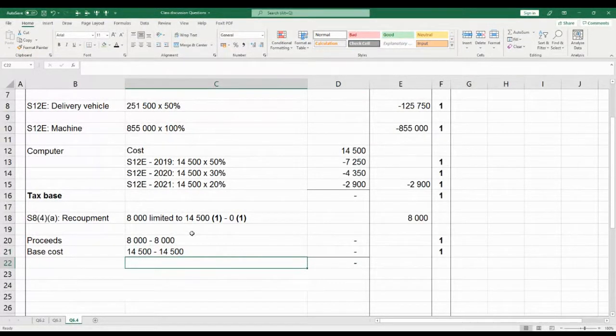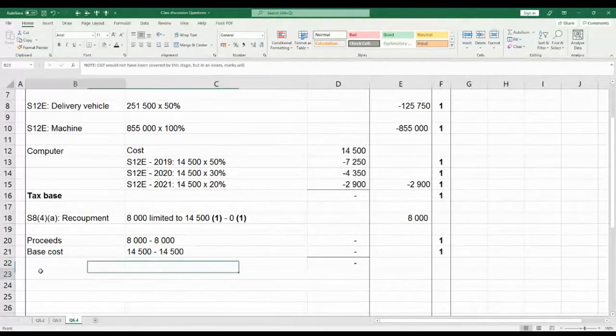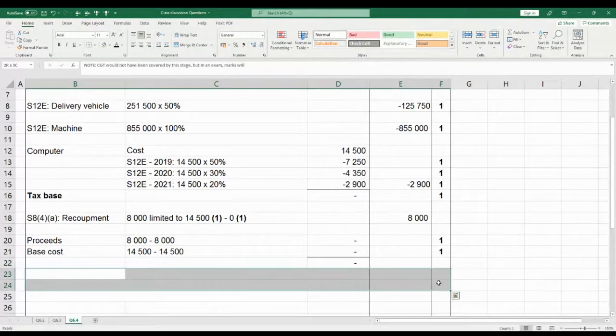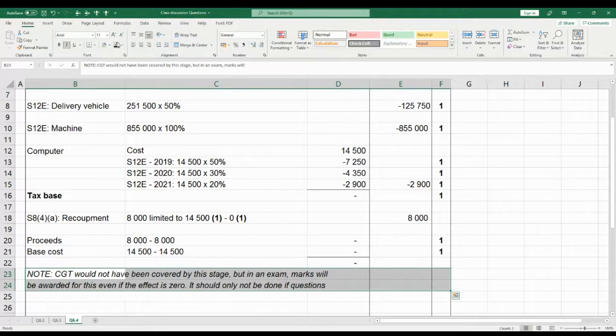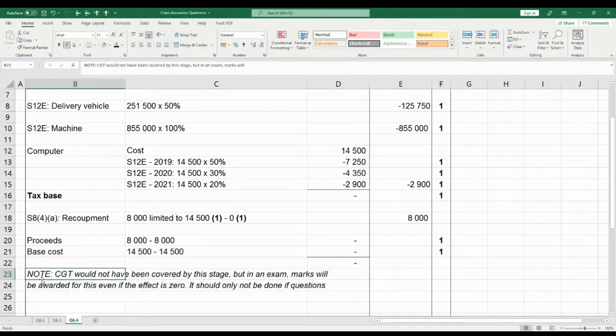Okay, so that's how you would have to show the capital gains if you had to indicate capital gains in this question. Because we haven't discussed it as yet, we're just showing you how you would have done the calculations. Okay, so that was up to 0.5. So let's then go back to our PDF and then continue with 0.6.